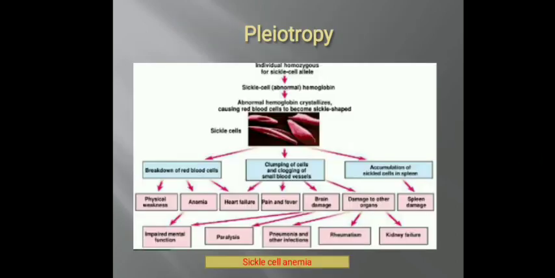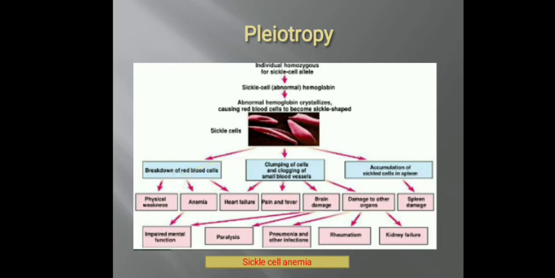Let us see an example. This is the example of sickle cell anemia. In sickle cell anemia, there is a point mutation, a defect in the gene which produces hemoglobin, so that the hemoglobins are sickle shaped. So in this case, defect in one gene can lead to so many different types of phenotypic changes.